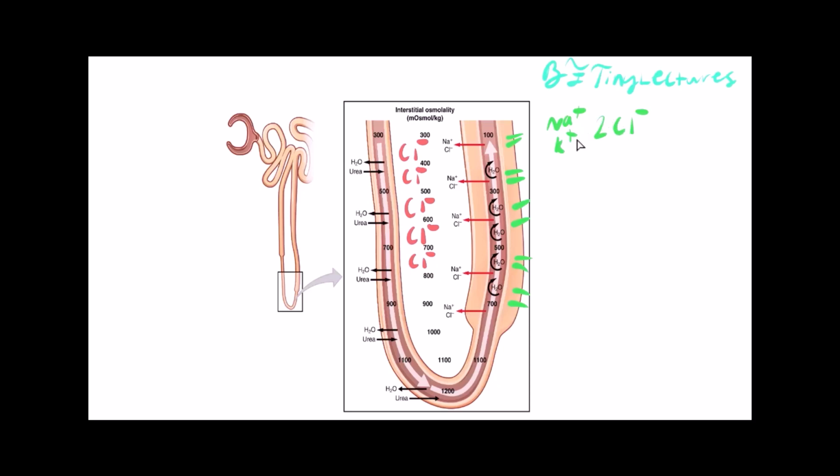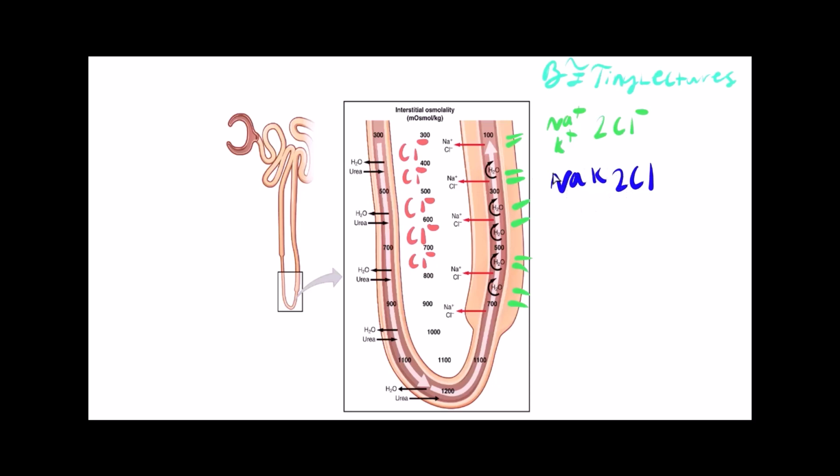So the 2 positive ions are going to be neutralized by the 2 negative ions. So there is no gain in positivity, there is no gain in electronegativity. And scientists are really good at naming things, and so they named this the NaK2Cl channel. That's all it is.